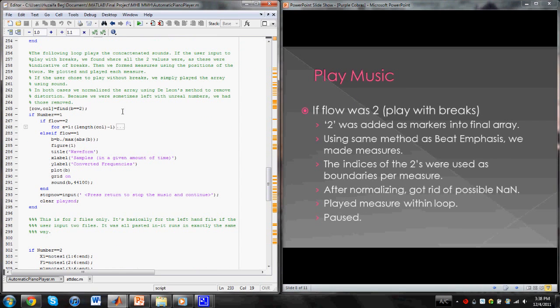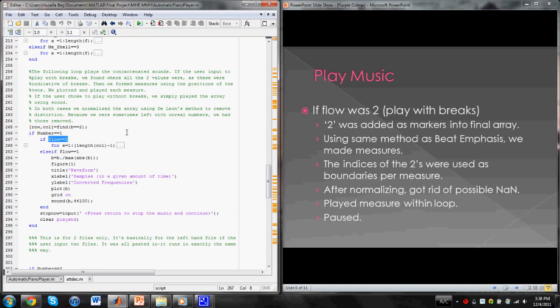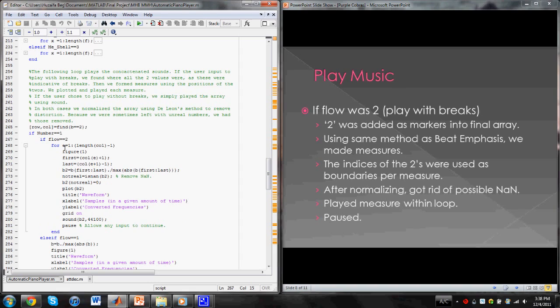So the actual playing of the music. Now it depends on how you put flow. If you put flow equal to 2, so you want to play with breaks, if you remember, we put 2's everywhere in the array that was to be played to show that there was a break there. So basically, we ended up going to this loop where you would create measures in a similar way we did the beat emphasis, using this little thing here, row column equals find b equal 2.